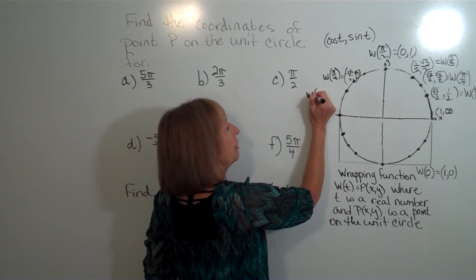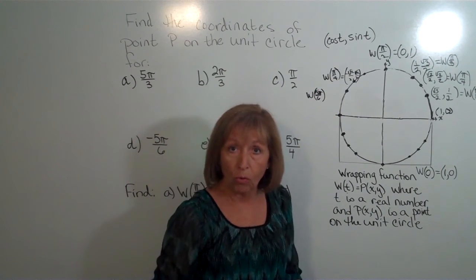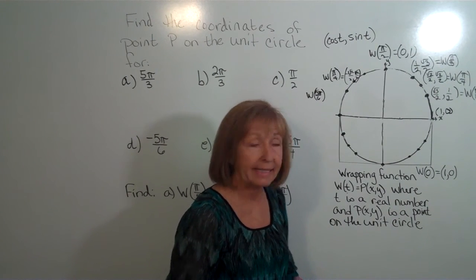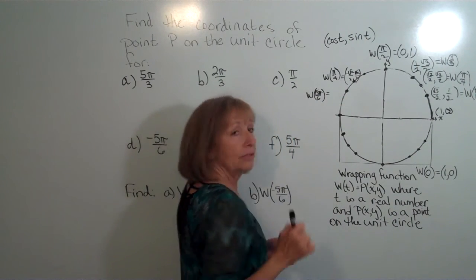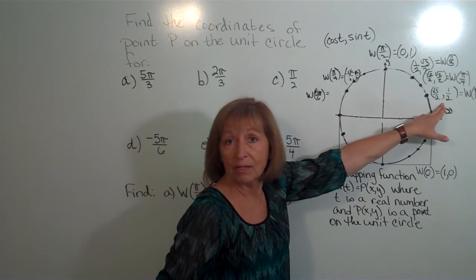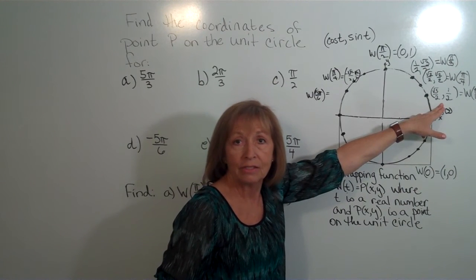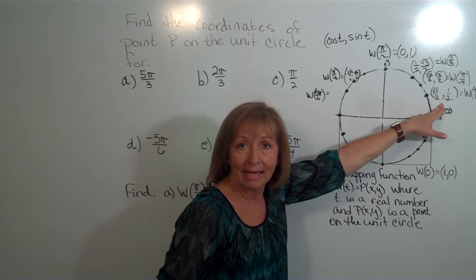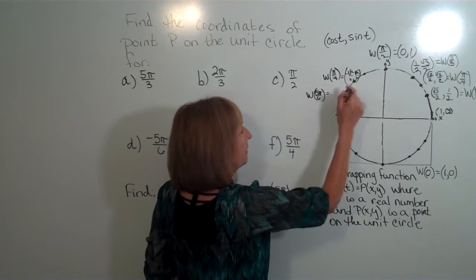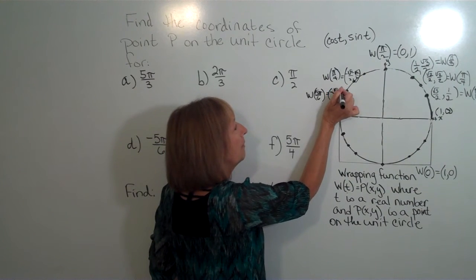So the wrapping function of 5 pi over 6, or those that have my reference angle of pi over 6, it's going to have the correct plus or minusness, but the rest of it's going to be the cosine of the reference angle of pi over 6 is square root of 3 over 2, and the sine of the reference angle of pi over 6 is going to be a half. But left and up, that gives me negative square root of 3 over 2, comma, positive a half.